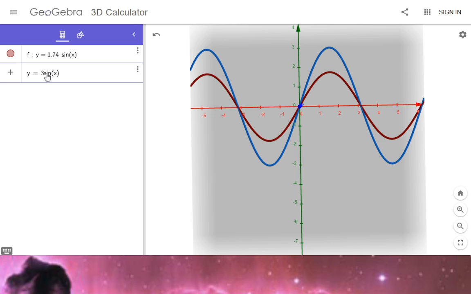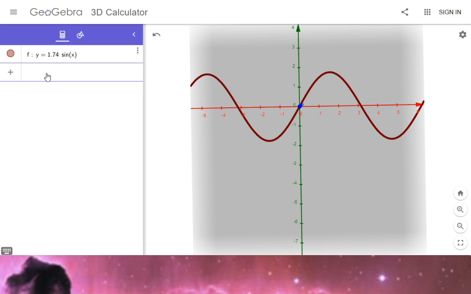Okay, that's a blue color. Alright, so let's say we want to do the square root of 2. We'd want to plot the square root of 2 as a line. So y equals, I think it's 2 here.